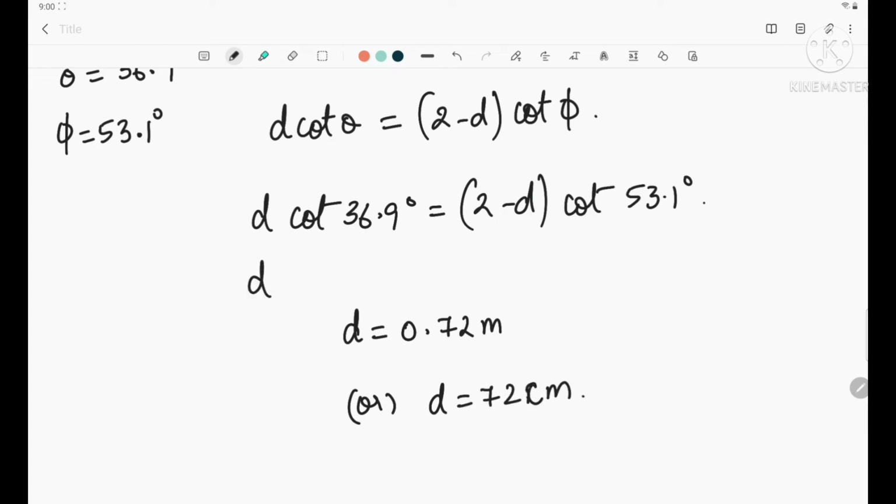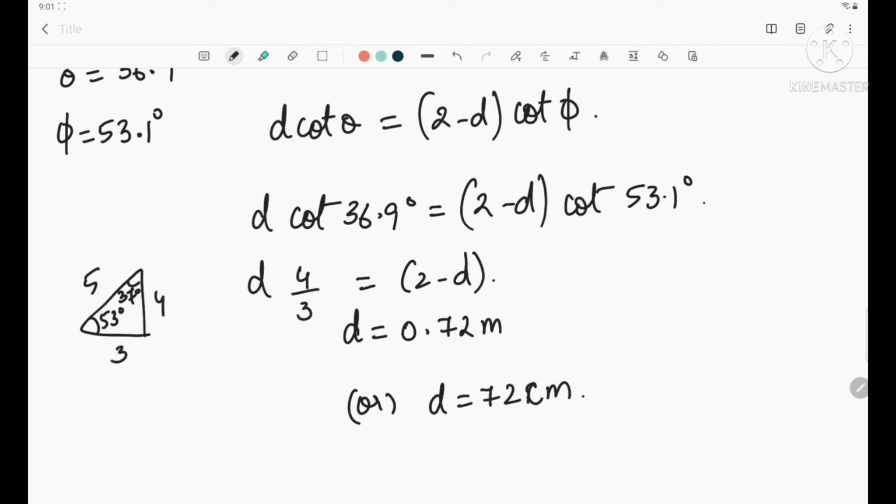Actually, here you can see cot 36.9 is equal to 4 by 3, and all these values you can know, right? Because there is a famous triangle having the angles 53 degrees and 37 degrees, with sides 5, 4 and 3.